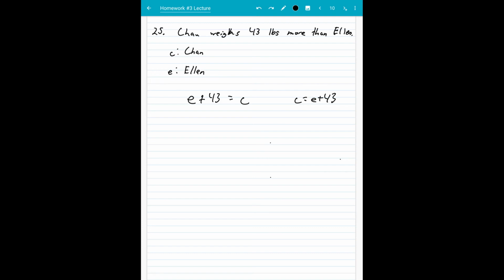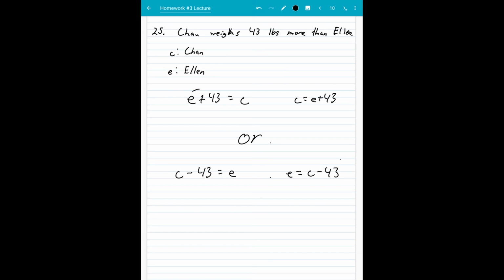Another way is you could think, oh, what if I take Chan's weight and subtract it from his weight to get Ellen's weight? You could do that. You could say Chan minus 43 is equal to Ellen. That makes sense. Or rather, you could say Ellen is Chan minus 43. Both of them make sense. And when we're talking about algebraically, this makes sense, right?